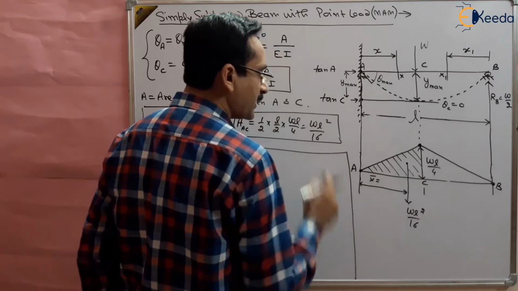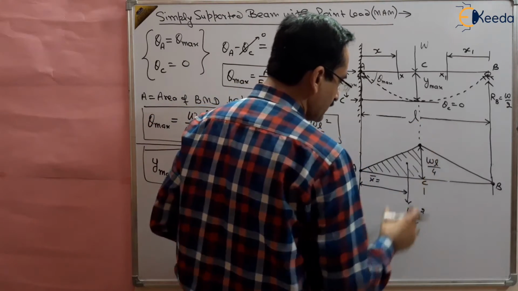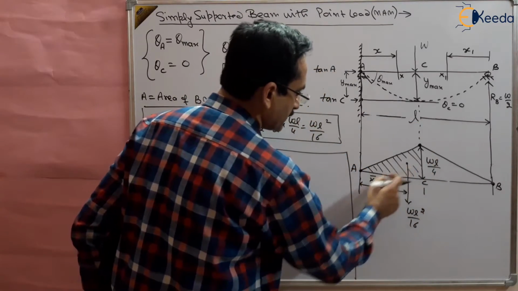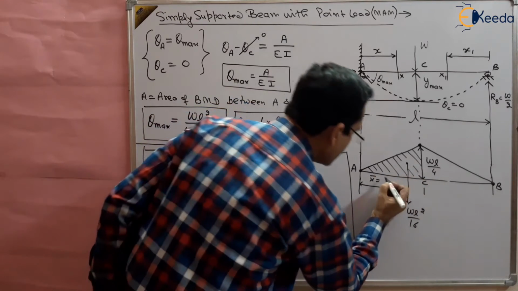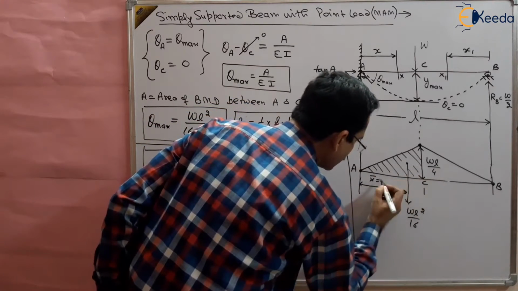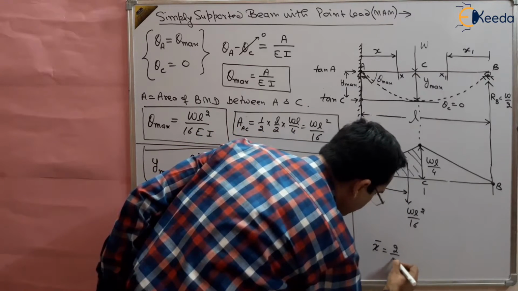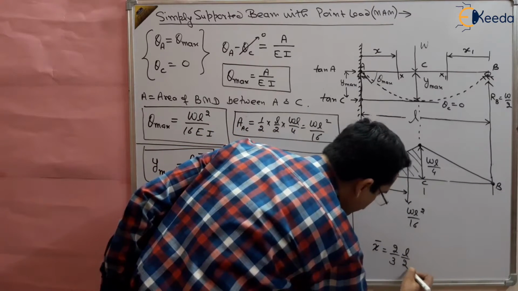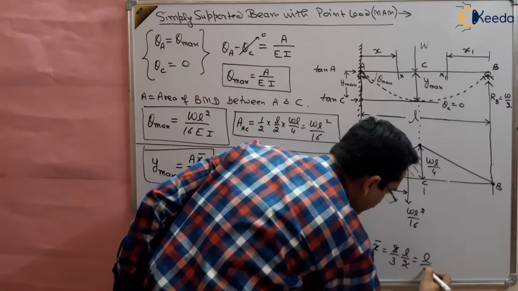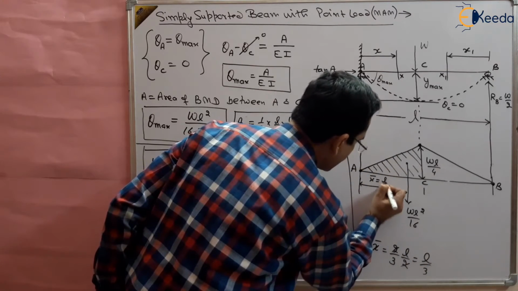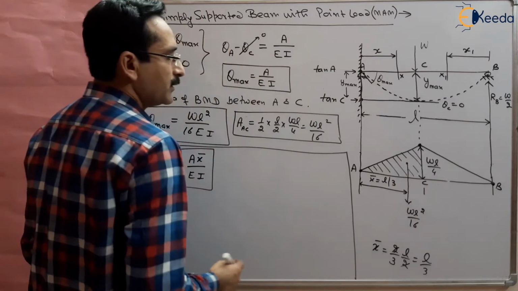And what is x bar? It is half into base into height, so this is 2/3 of the total distance, 2/3 of L by 2. So x bar is basically L by 3, right?